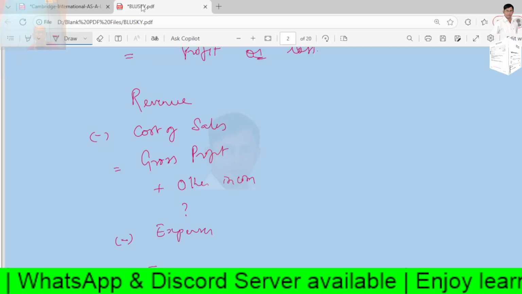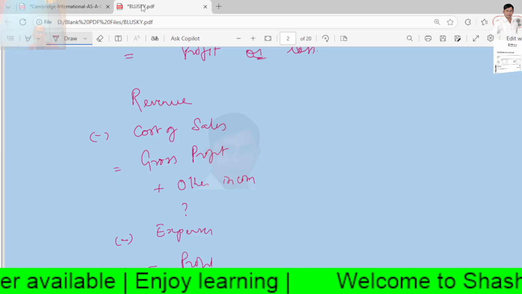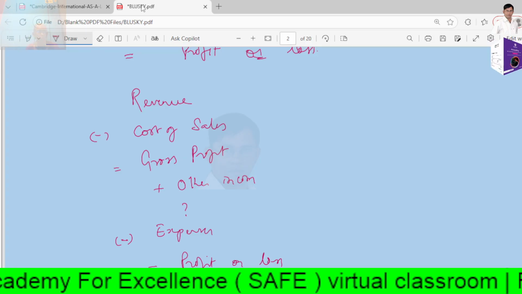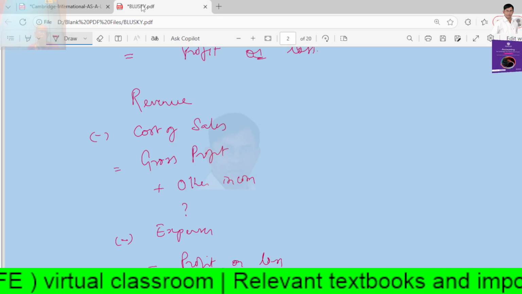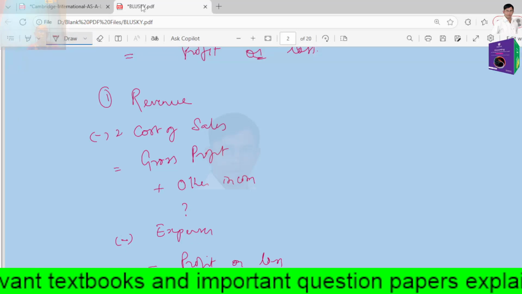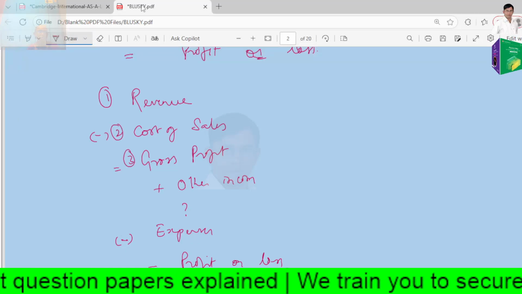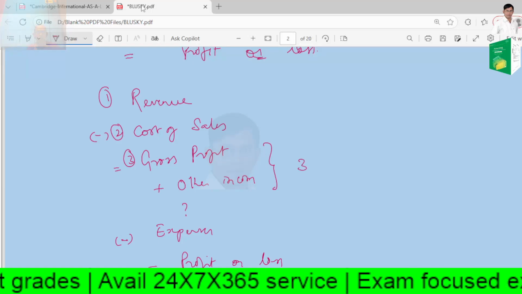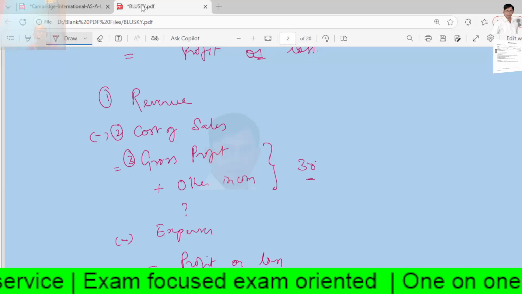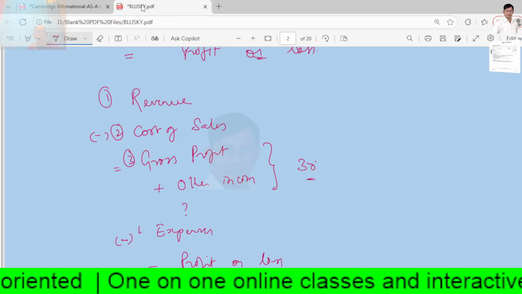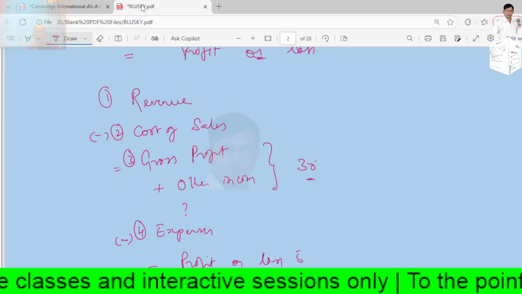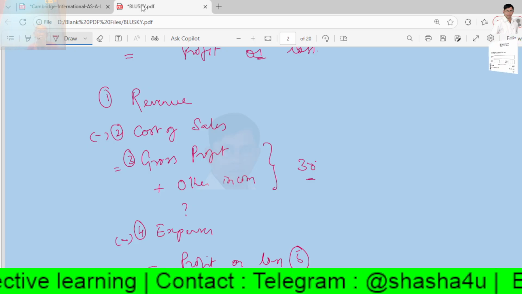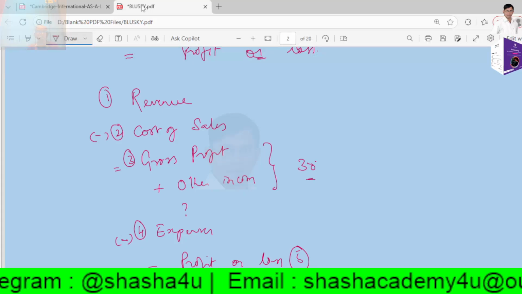What we get is profit or loss. That's all. So remember 5 line items. This is 1, this is 2, this is 3, this plus this. Why 3O? Because a lot of students normally forget this 3O. Then 4, that will give 5. 5 steps, simple, that's all. The 5th step is not a step at all. The ultimate answer is profit or loss. So this is how you have to do it.